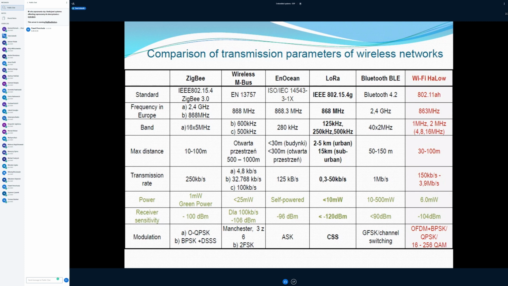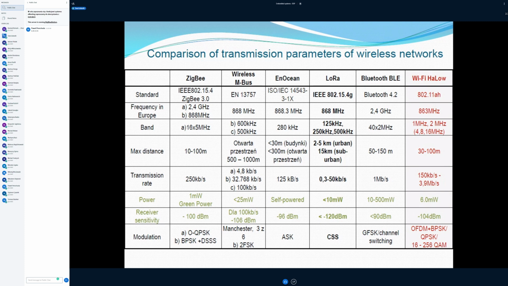This one is a kind of version of QPSK. QPSK is 4 values for phase shift. BPSK is binary phase shift keying. It means that we have 2 values of phase.